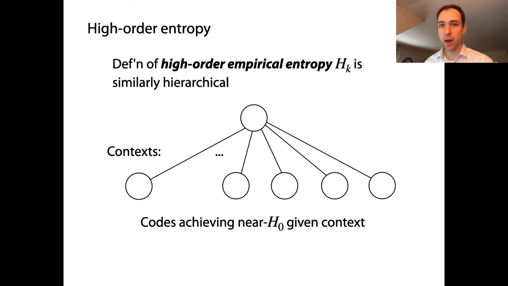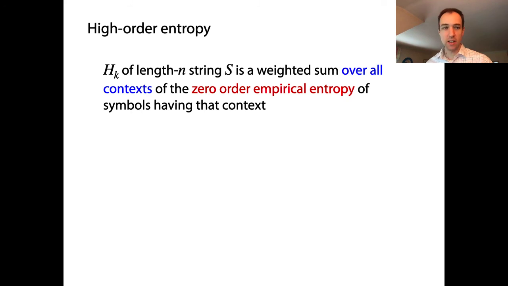Okay, so let's write down the definition of high-order empirical entropy, H sub K. H sub K of a length n string S is a weighted sum over all possible contexts of the zero-order empirical entropy of the symbols having that context. So let's write it out in symbols.